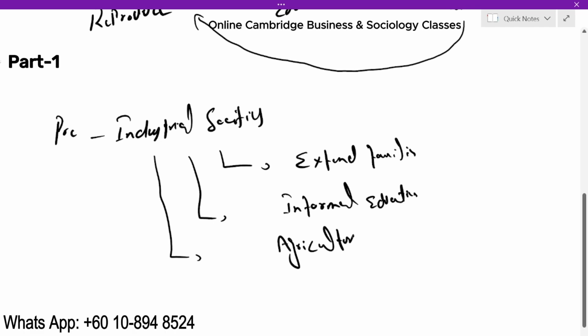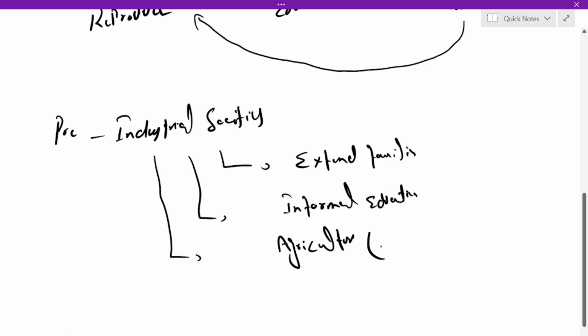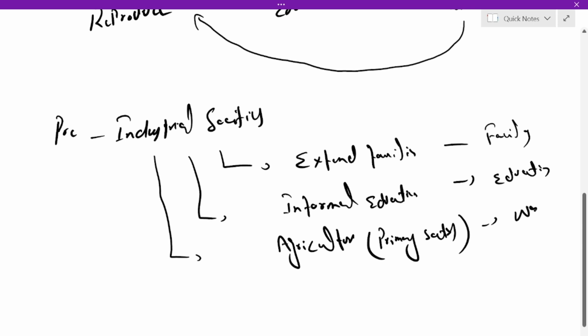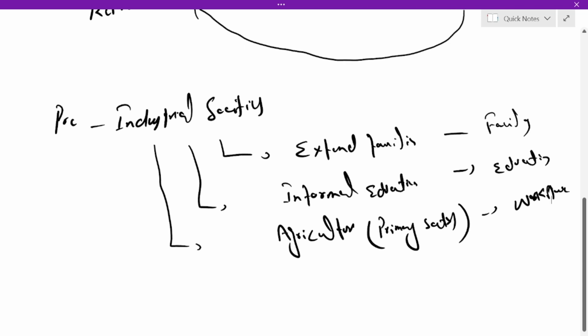Agriculture means there was a primary sector. Now you can see this is the family, that was education, this is the workplace. So that was a pre-industrial society.